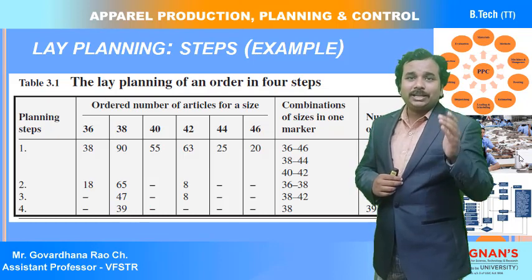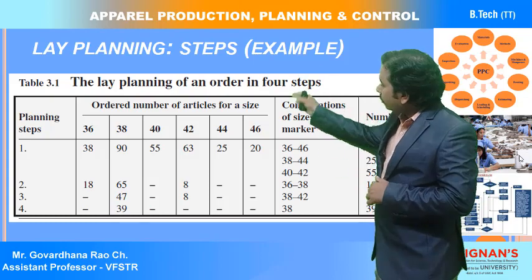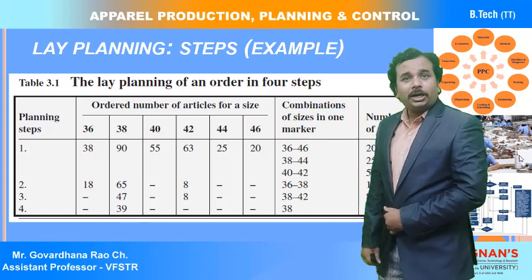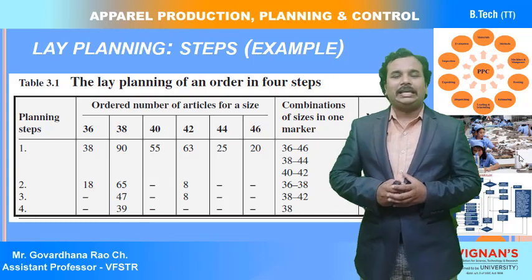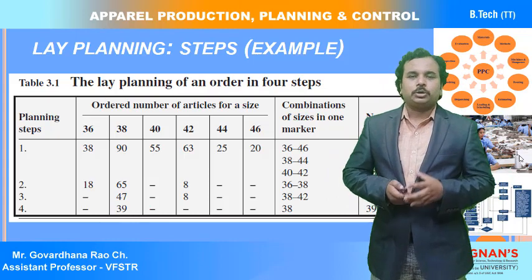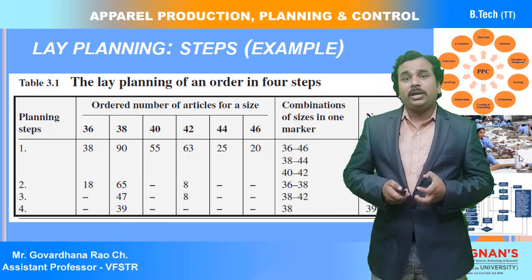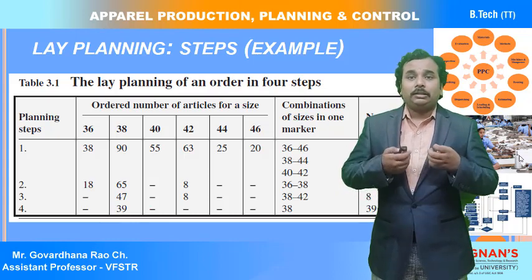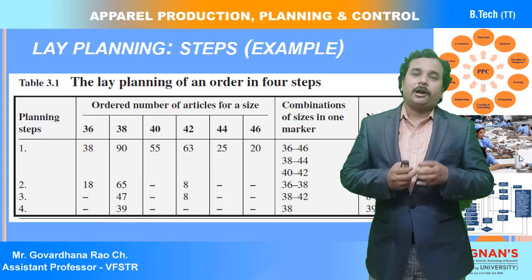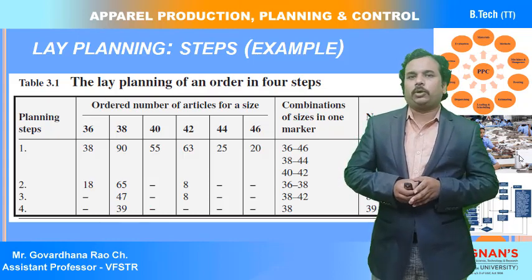Total 6 number of markers are there. So total we need to prepare the 6 number of markers so that you will complete the whole ordered quantity given by the customer. So this is a small example to know how we can plan the layout or how we can plan the ordered quantity and how we can prepare the marker to complete the ordered quantity.